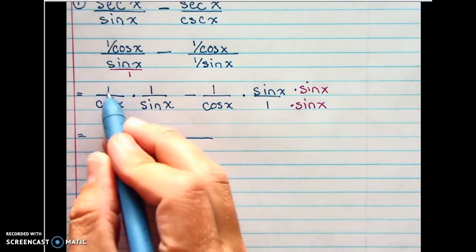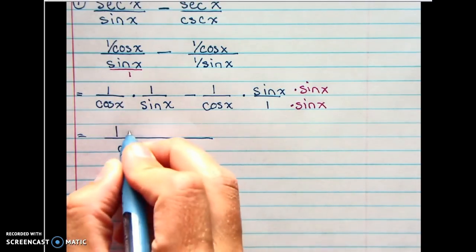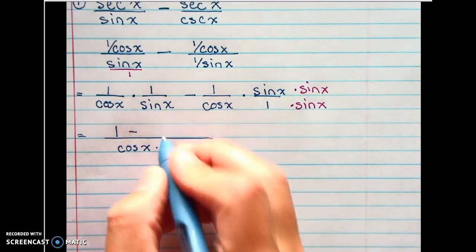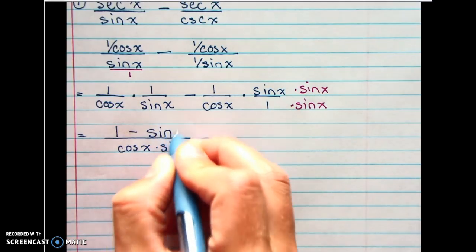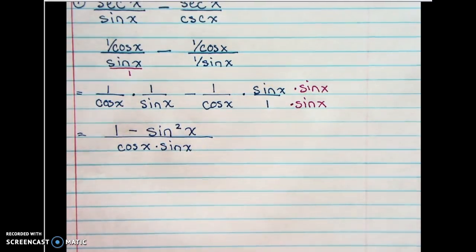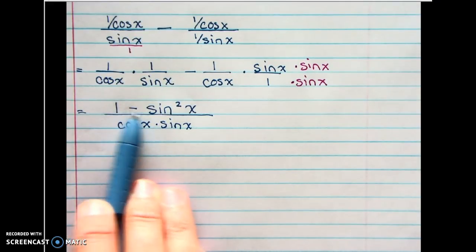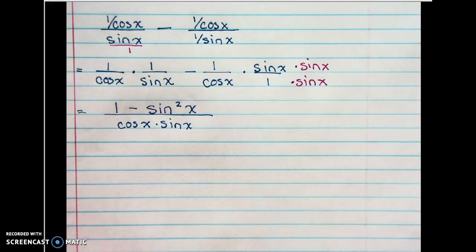And in the numerator, we have 1 times 1 minus 1 times sine times sine. Sine times sine is sine squared. Okay, you should notice 1 minus sine squared is one of our trig identities.